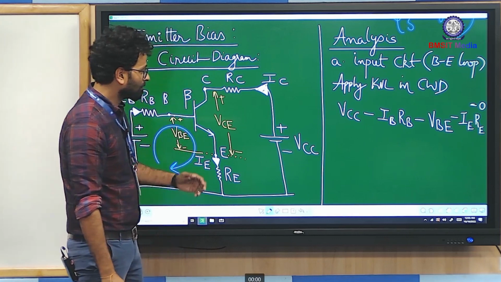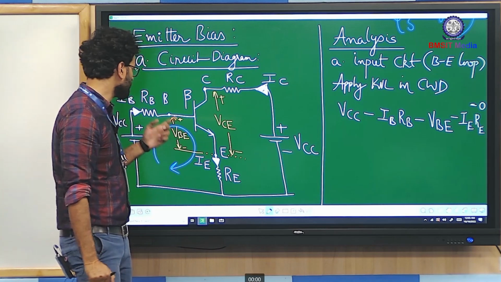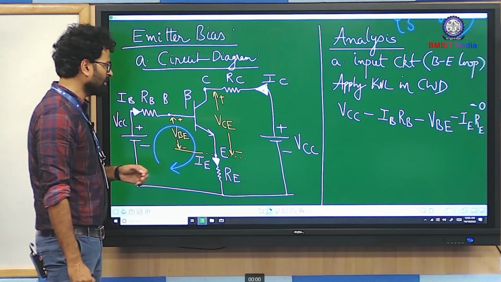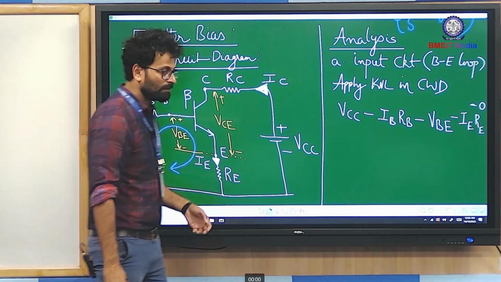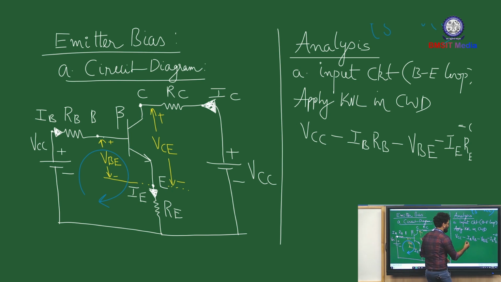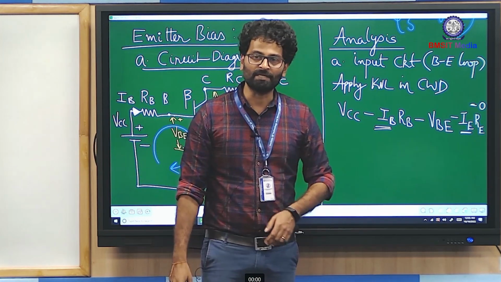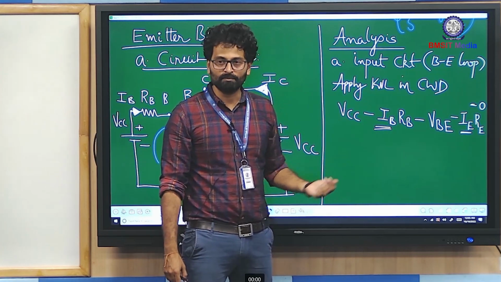Now, as I mentioned previously, on the input side, the input current is IB, and the KVL expression gives two currents, IB as well as IE. You don't want IE in the equation, because you want the equation to be expressed in the input current.